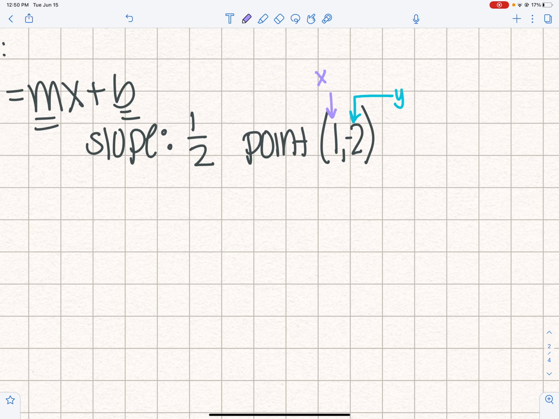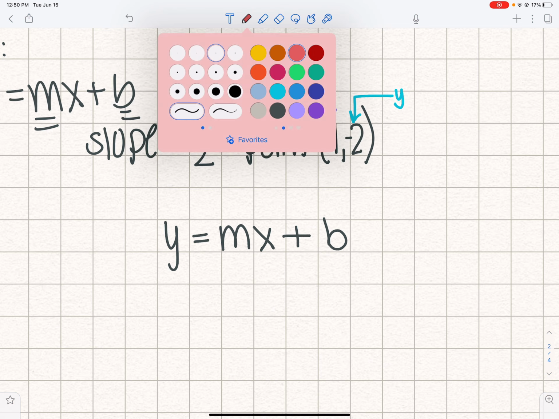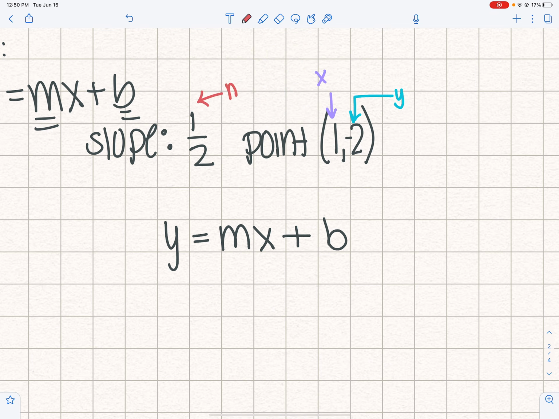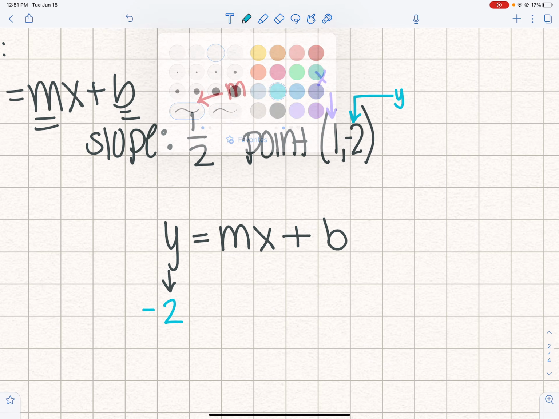And so I can fill in y equals mx plus b, and I can solve for b. I have an m, I have an x, and I have a y. So where I had an equation, y equals mx plus b, I can now fill in my known values. So y, I have right here, y is negative 2 equals mx plus b.